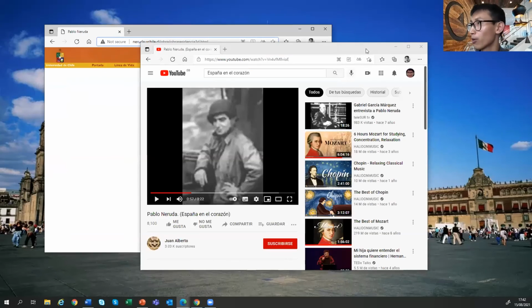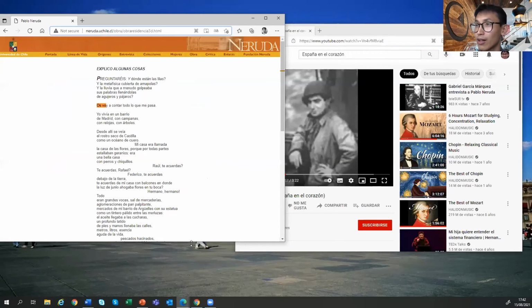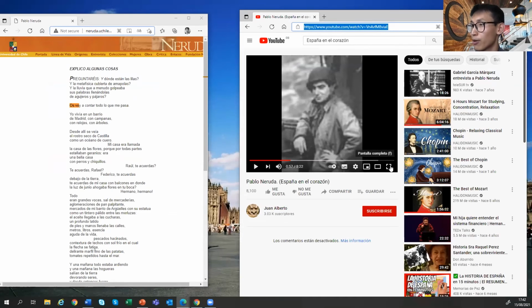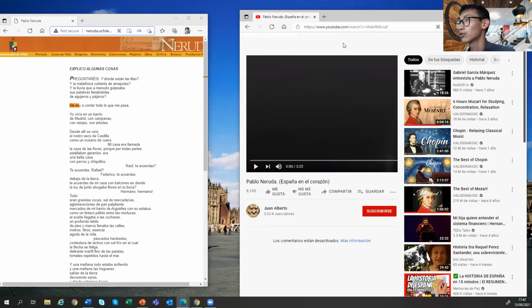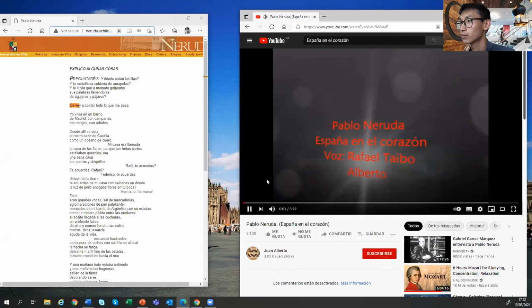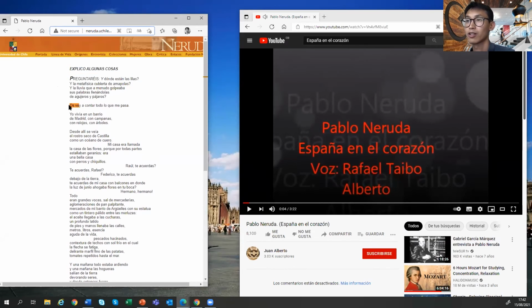So I just want to do it side by side. Can you see both windows? The poem on the left-hand side and the video on the right-hand side. That's the poem of Pablo Neruda, and we're going to watch an excerpt of it. I shouldn't do full screen now. So it starts from here, like the second stanza.